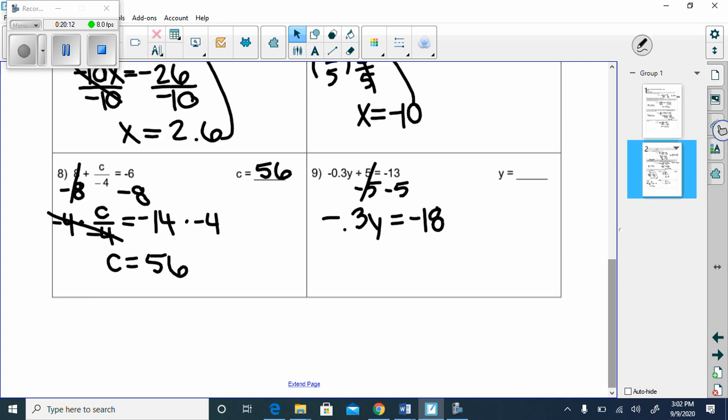And then I just need to divide. A negative divided by a negative is going to give us a positive. All right, good deal.